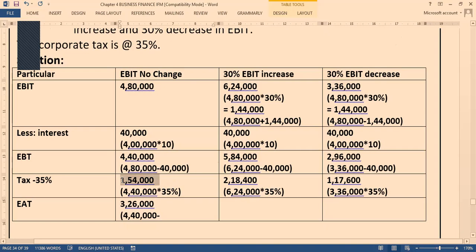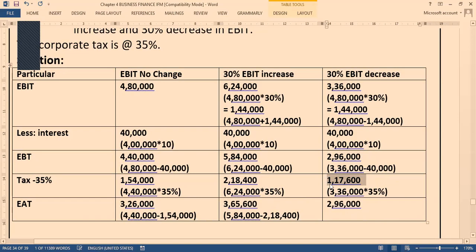Again, for this the same applies: 5,84,000 minus 2,18,400. You will be getting approximately 3,65,600.